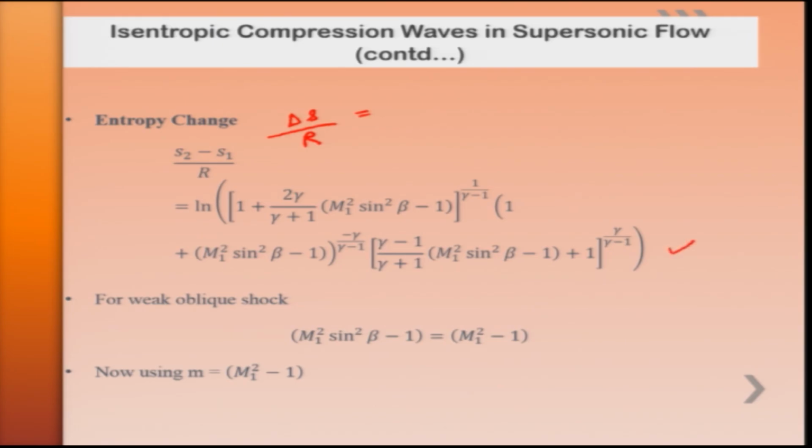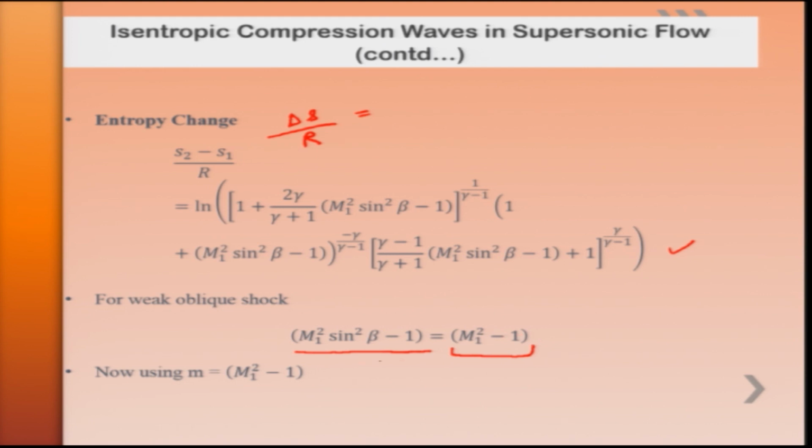Now again, in the approximation for M1 square sin square beta minus 1, because beta is small, I can replace sin square beta with beta square, and I directly write M1 square minus 1.